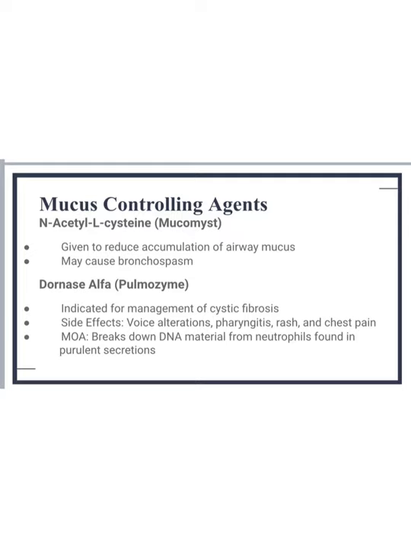So if you see an order for Mucomyst, but you do not see that the physician ordered albuterol, you need to make sure that you say, hey doc, and put it nicely, I see that you have Mucomyst, and I think that it would be a good idea to order albuterol. So you should pre-treat with albuterol.